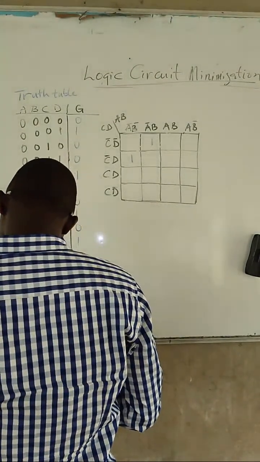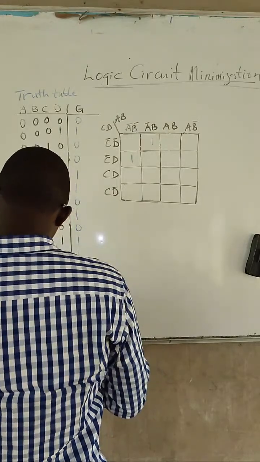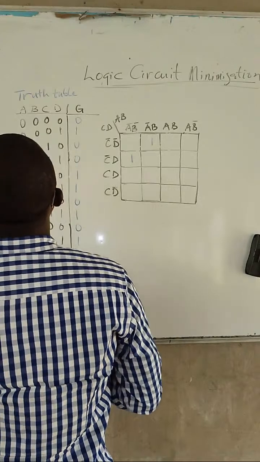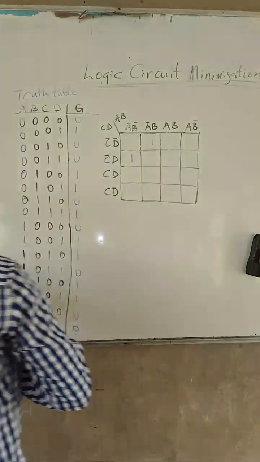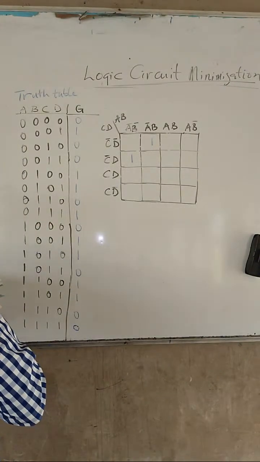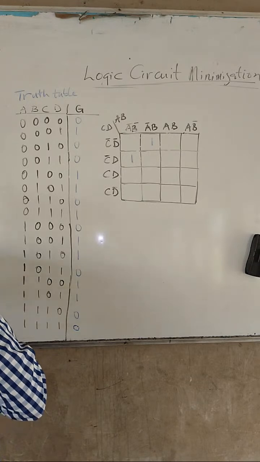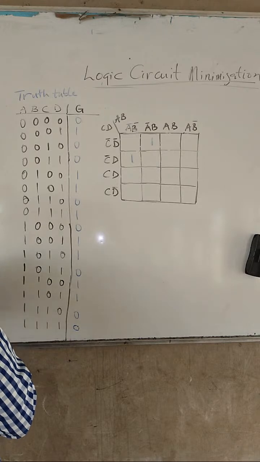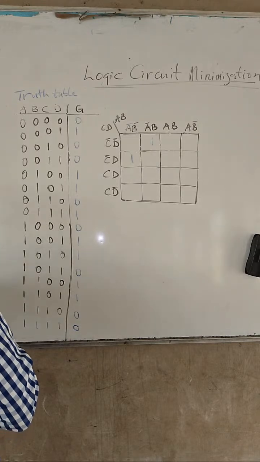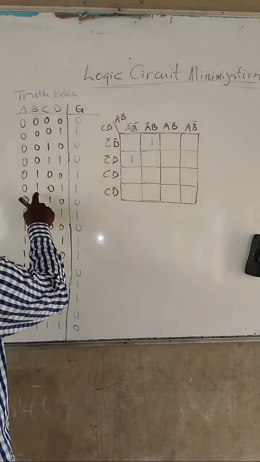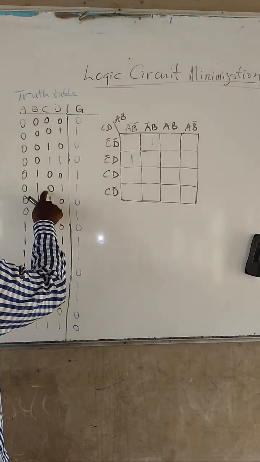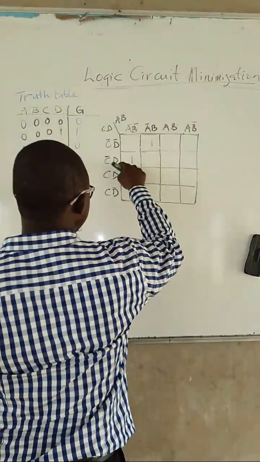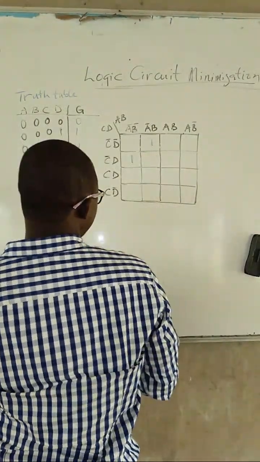Alright? The next one is A bar B, C bar D. That's a particular cell here.